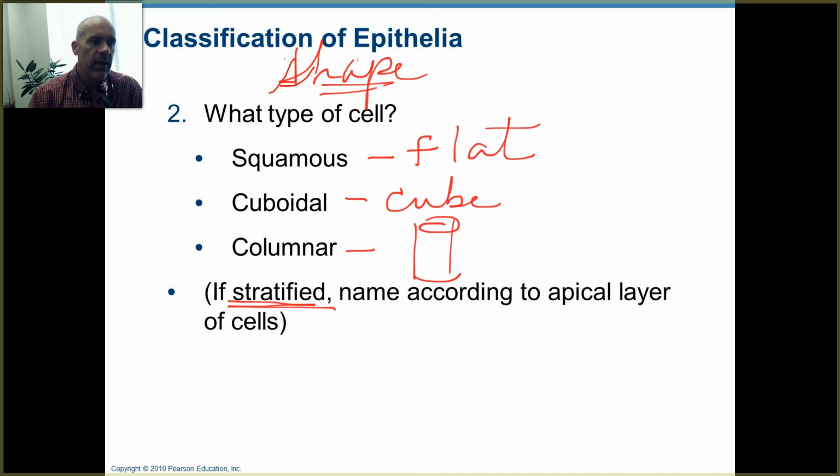So if you had squamous flat cells at the surface and some of the underlying cells within that epithelial tissue were cuboidal in shape, you would still call that a stratified squamous epithelial type tissue.